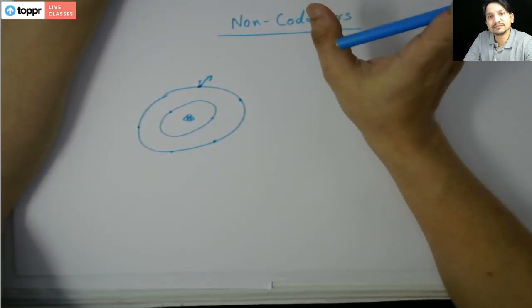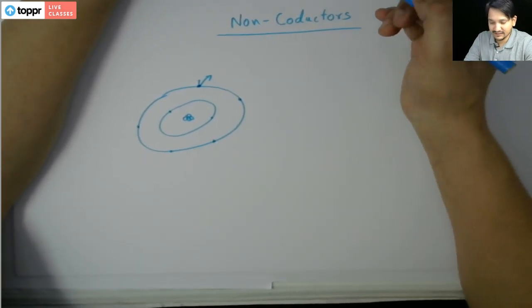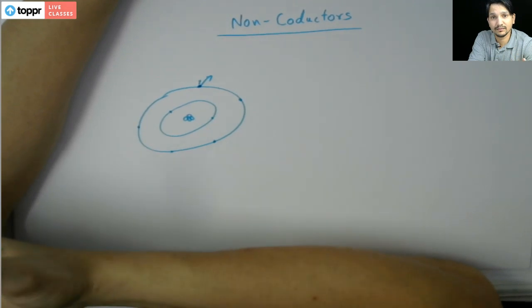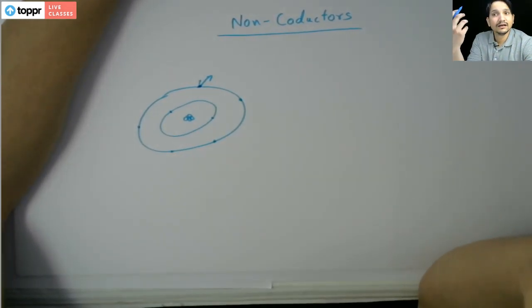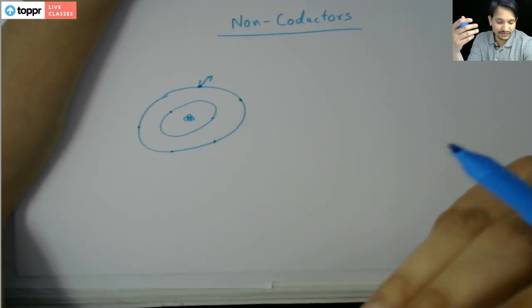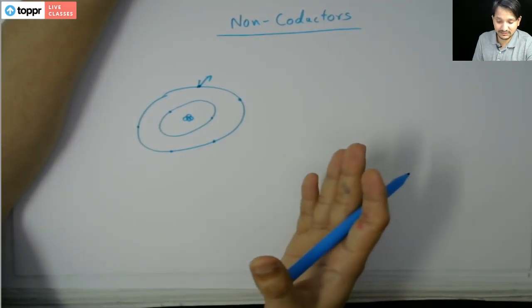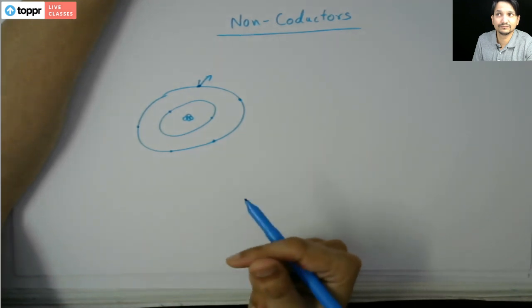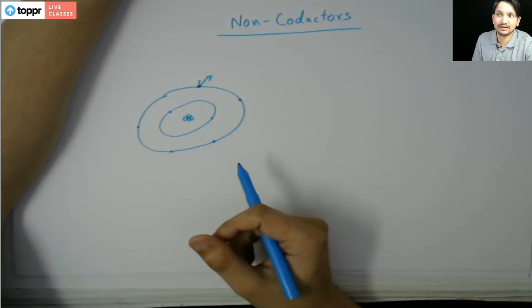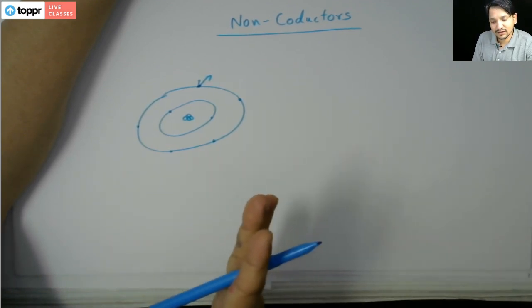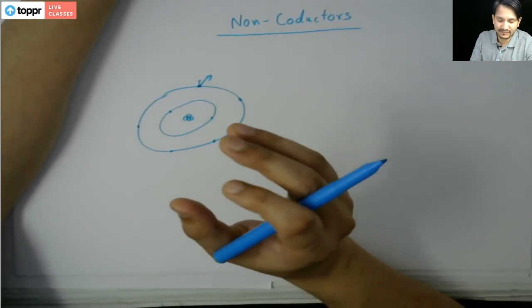So there is one way: metals have free electrons, and there are non-conductors, suppose diamond, wood, plastic, or a carbon atom simply.